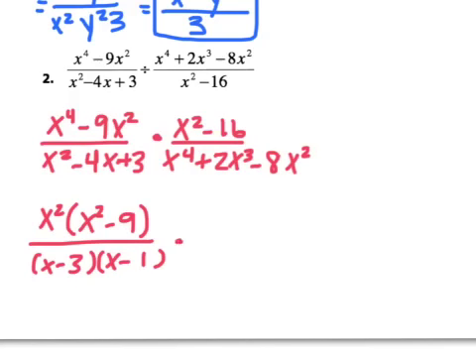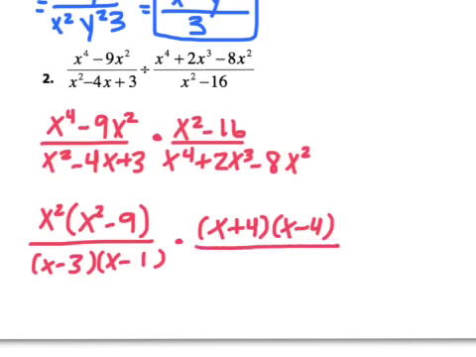We've got a difference of squares going on in our second numerator, so x plus 4, x minus 4. And for our denominator, we need to get a GCF out of this one first. So my GCF at this time would be an x squared. That would leave me with an x squared plus 2x minus 8. So we've got a couple things that we need to factor again.